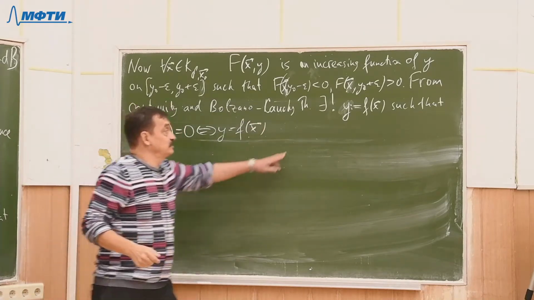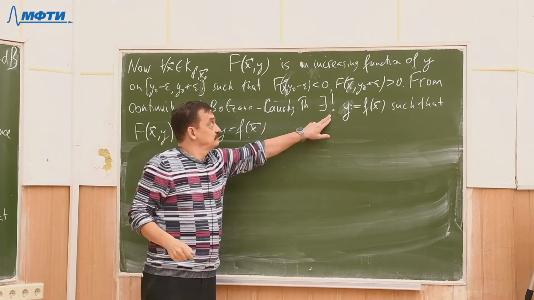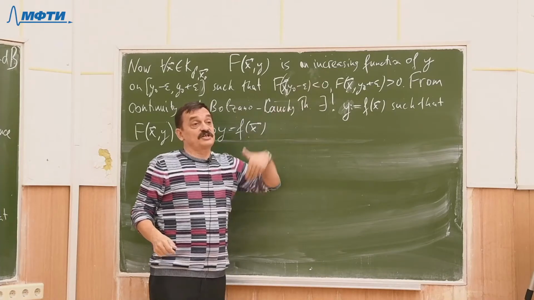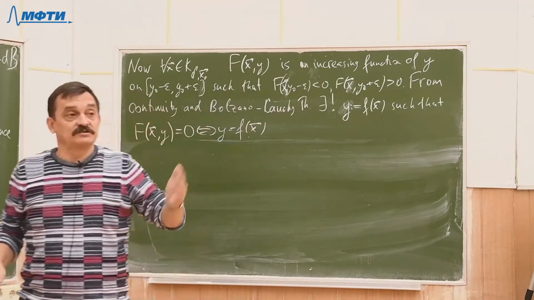So why is it unique? Because we have a strictly increasing function, right? The partial derivative is positive.